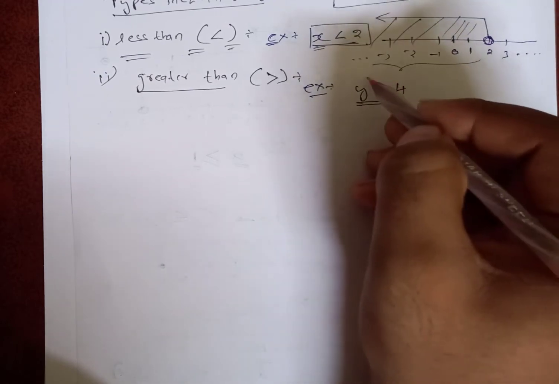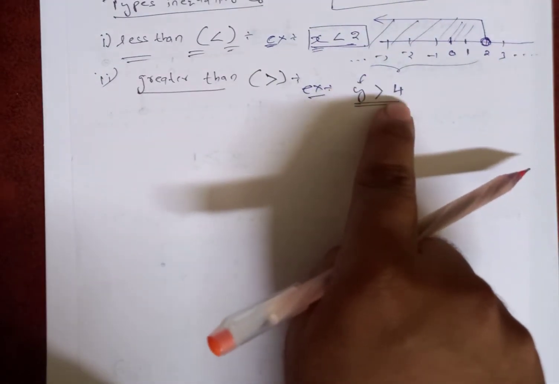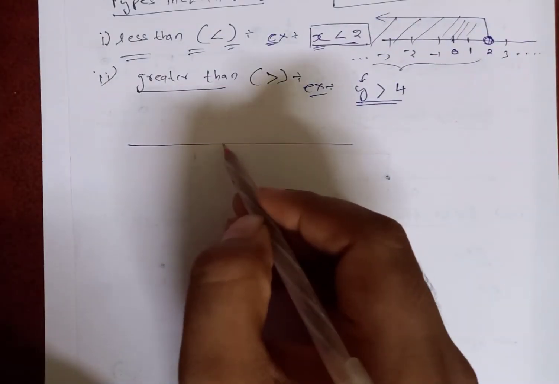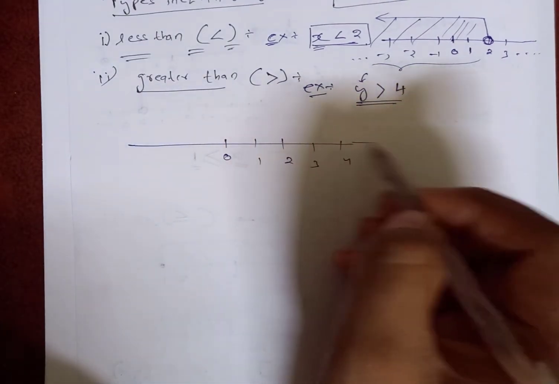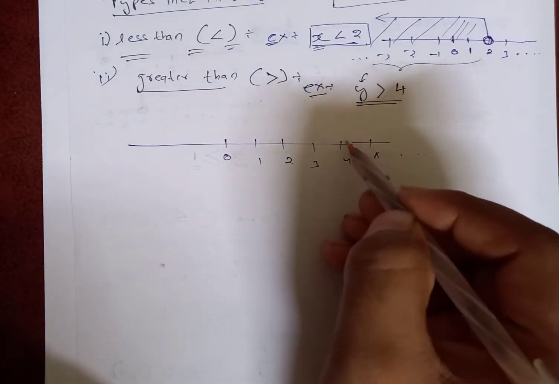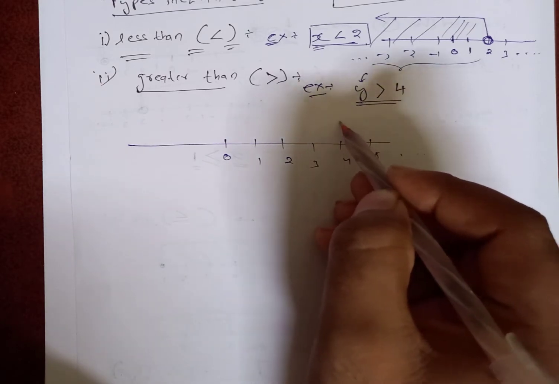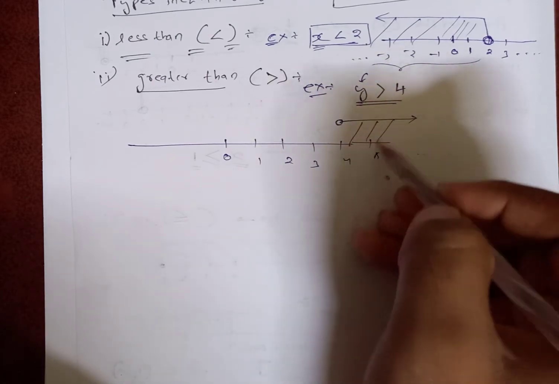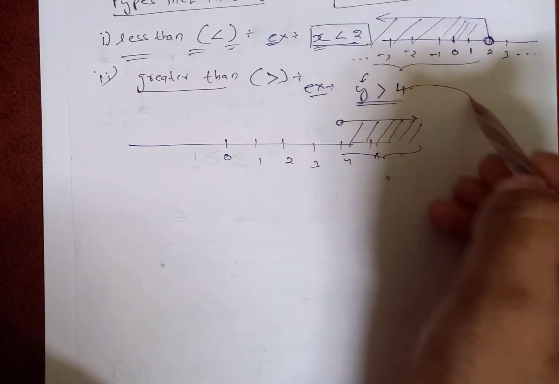This implies that the variable y will always be greater than 4. Let me explain this on a number line: 0, 1, 2, 3, 4, 5, and so on. The y which is required was greater than 4 but not equal to 4. So the values which I need are these. This inequality implies this.